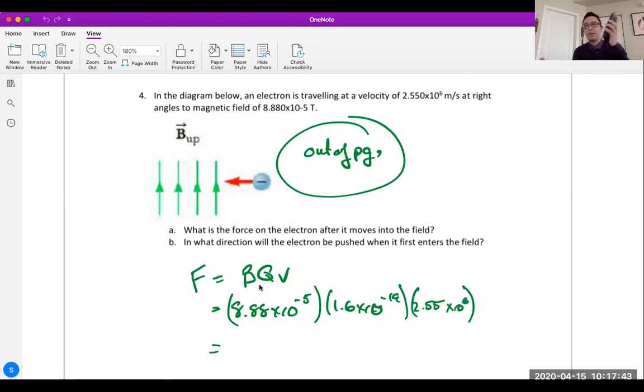Okay, calculator. Turn it on. 8.88 times 10 to the -5 times 1.6 times 10 to the -19 times 2.55 times 10 to the 6th power equals, a mistake. Where did I make my mistake? Times 10 to the -5.